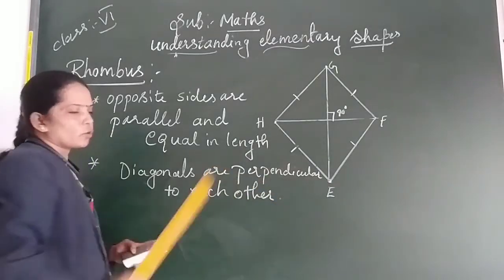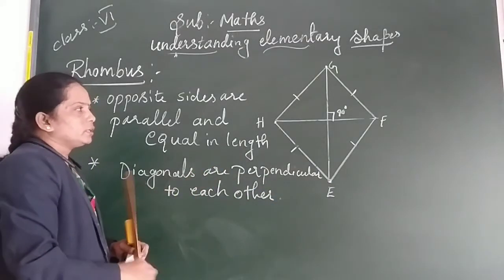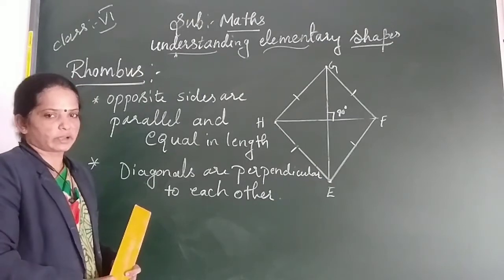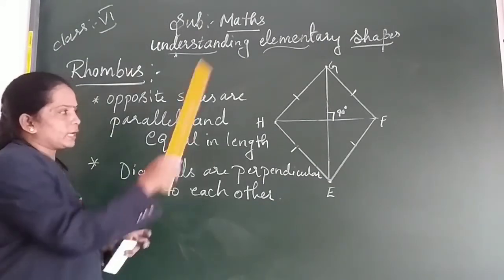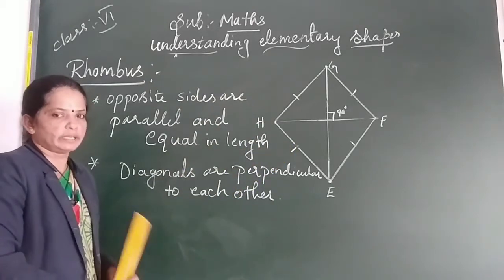This is a rhombus. All the sides are equal in length. Then diagonals are perpendicular to each other.